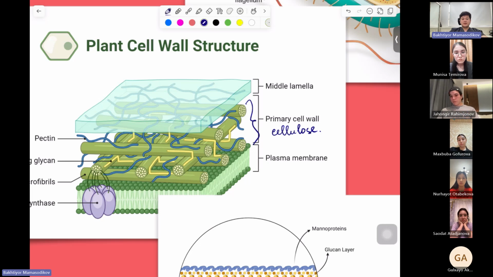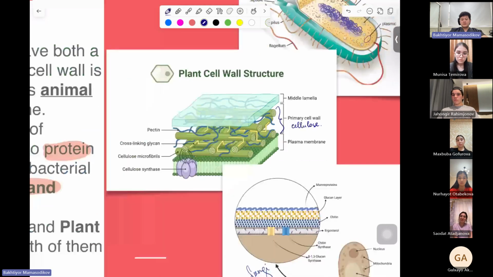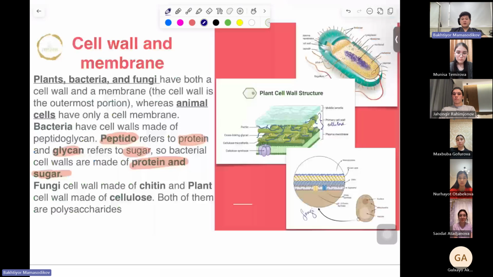The cell wall of bacteria is called what, Saadat? Peptidoglycan. Cell wall of fungi, Nurhayat? Chitin. Cell wall of plants, Munisa? Cell membrane or something.